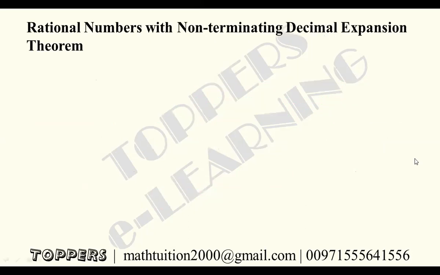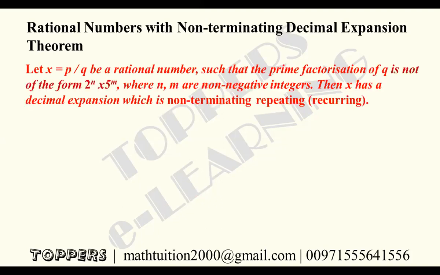Now, the rational number with non-terminating decimal expansion theorem. Let x equal to p by q be a rational number such that the prime factorization of q is not of the form 2 raised to n into 5 raised to m, where n, m are non-negative integers.